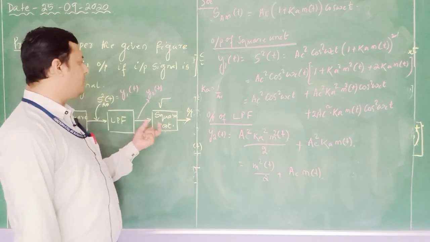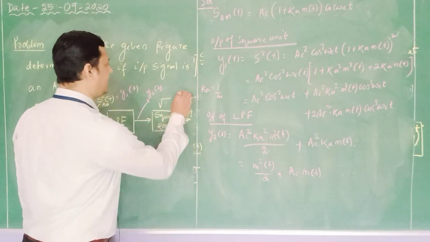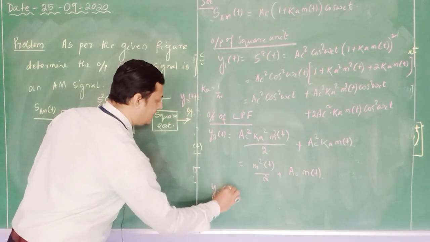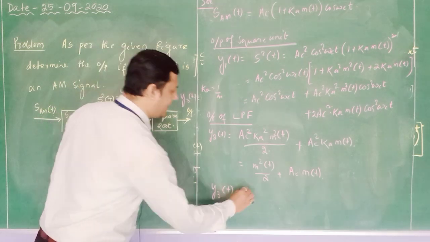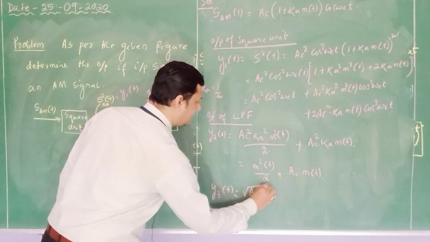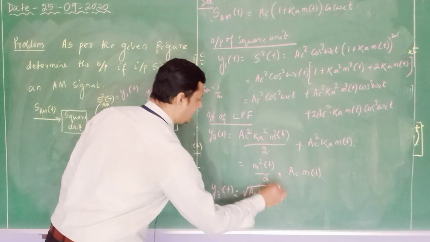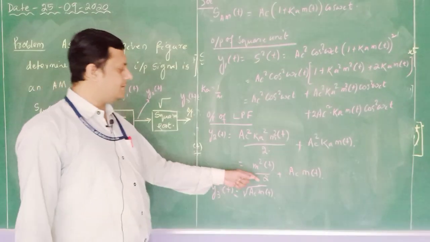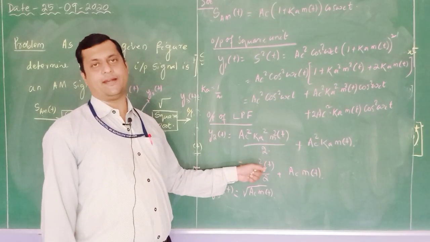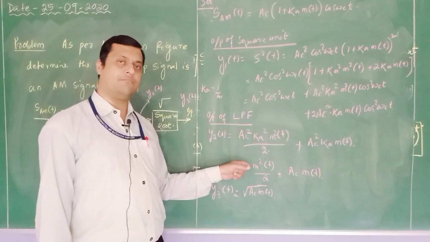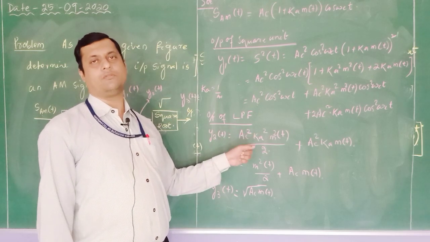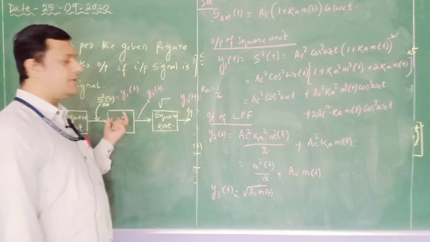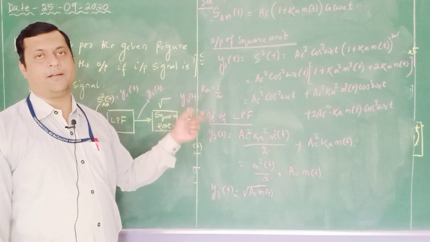Whatever the output of the square root, let us consider it is y3(t). For y3(t), we will get root over of Ac into m of t. So this will be the output of this square root. Why are we not considering the other term? Because if I expand this, it consists of Vm by 2 and Vm by 2 cos 2ωmt, so that is a harmonic component. The low pass filter will identify this component as noise.